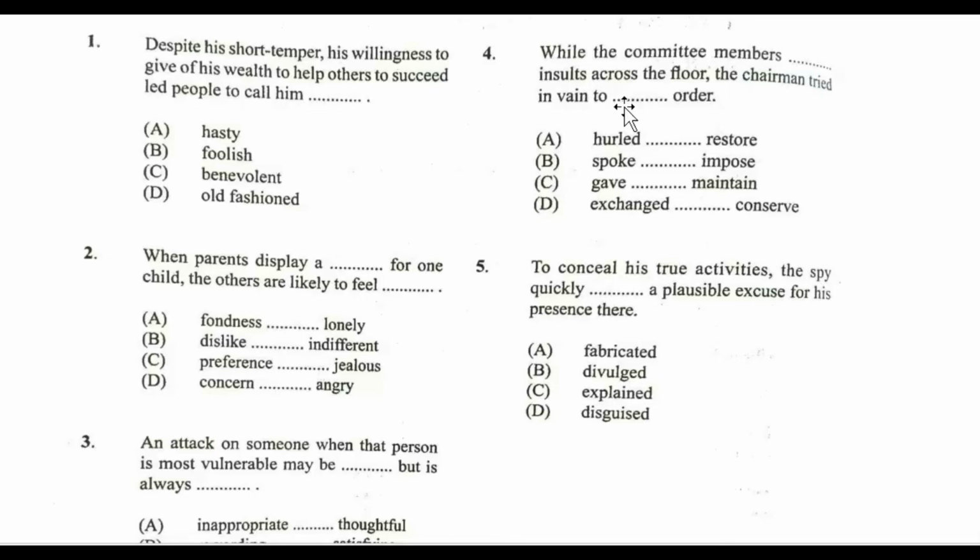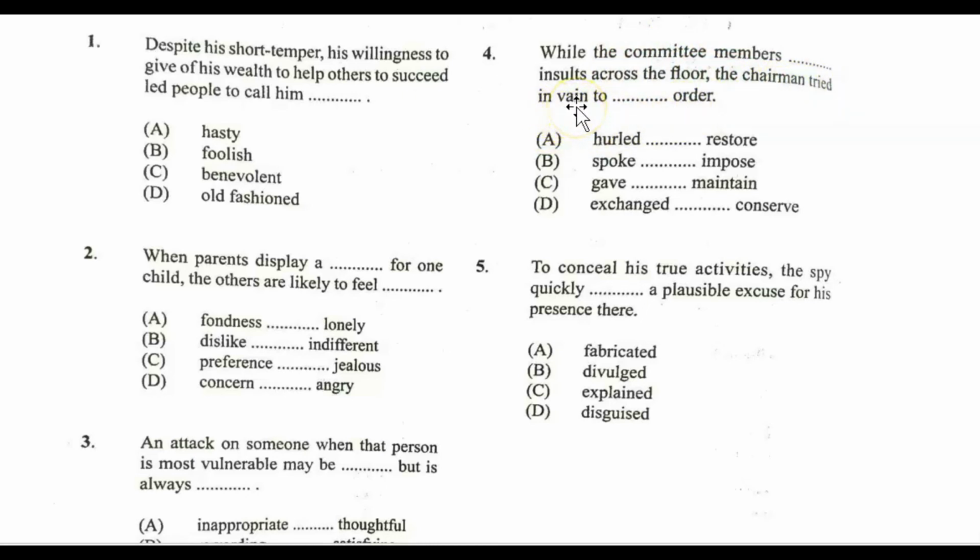Insults are flying across the floor. So what are they doing with the insults that is causing insults to be moving across the floor? While this is happening in that meeting, the chairman tried in vain.